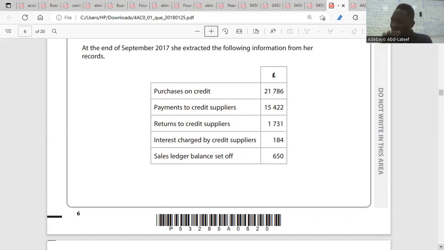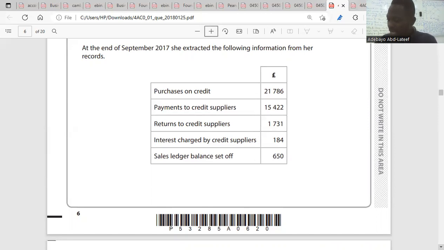These are our debit transactions, plus the balance set off of 650. It gives us 17,803. You take it away from the credit side, 29,970. That gives us 12,167. So your balance carried down on your debit side will be 12,167.